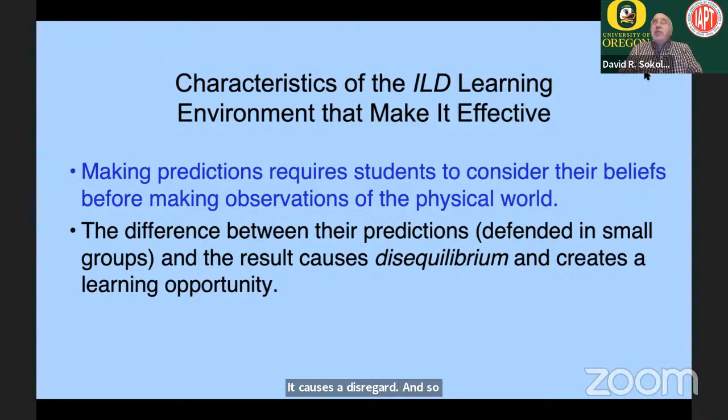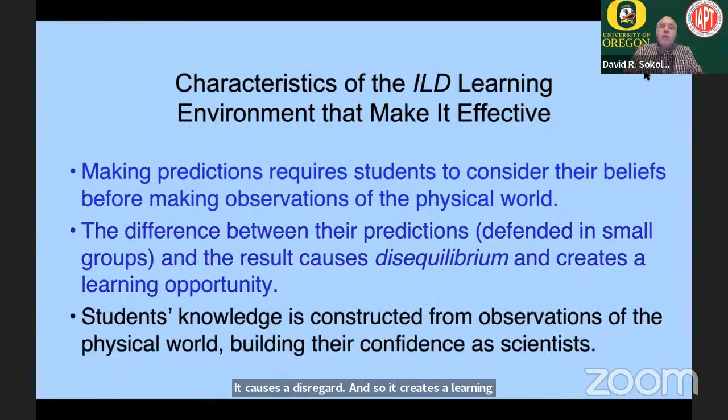And so it creates a learning opportunity for them. So students' knowledge is then constructed from observations of the physical world, and they are actually building their confidence as scientists because they're doing what scientists do. They're constructing their knowledge based on their observations of the physical world.